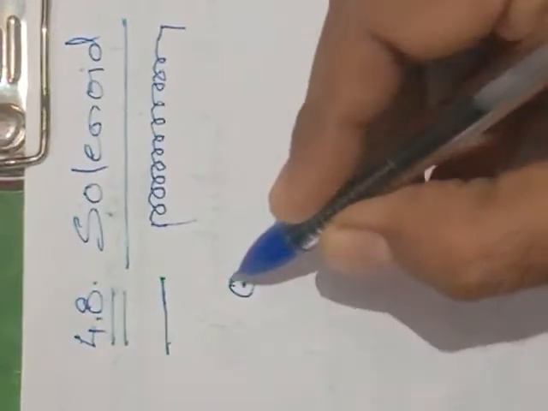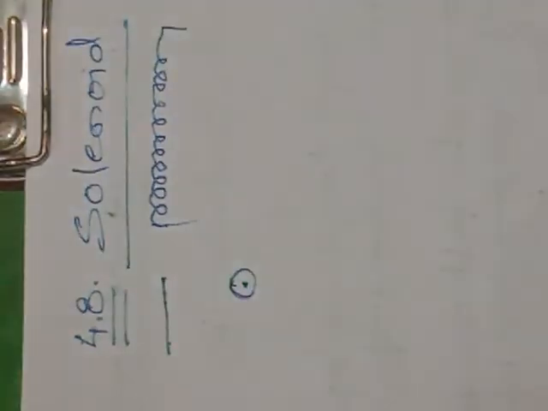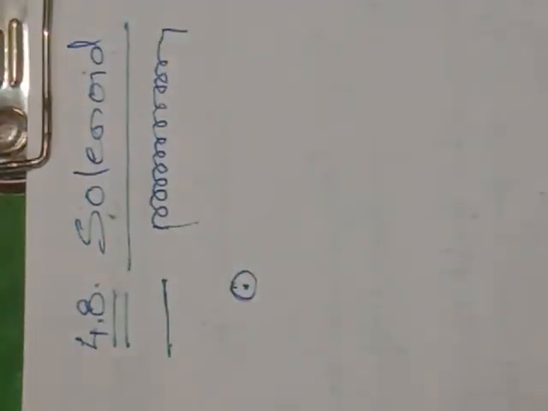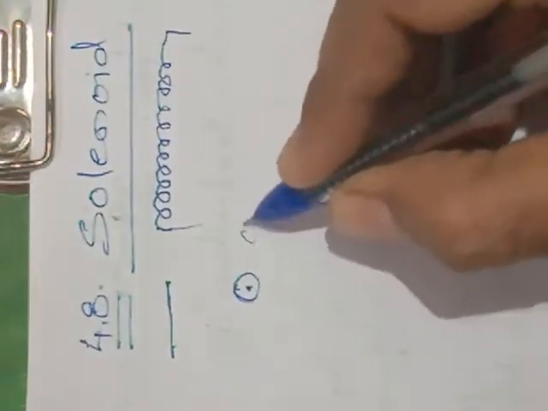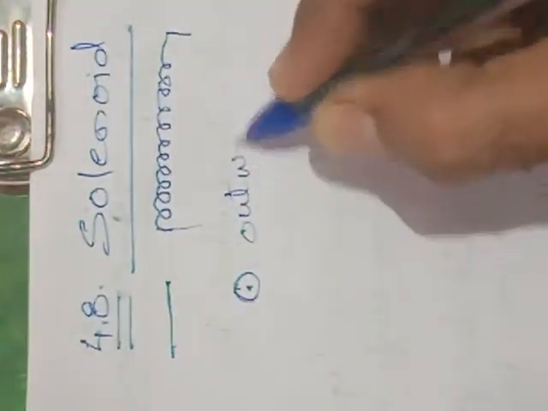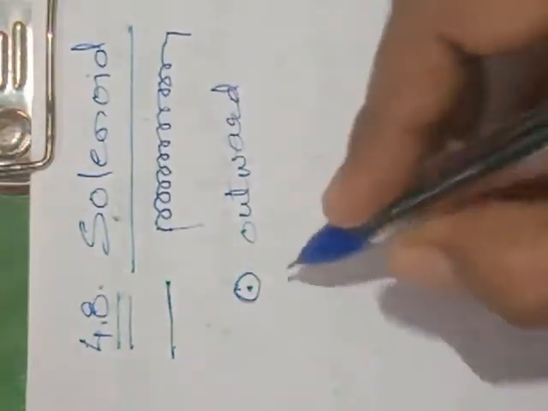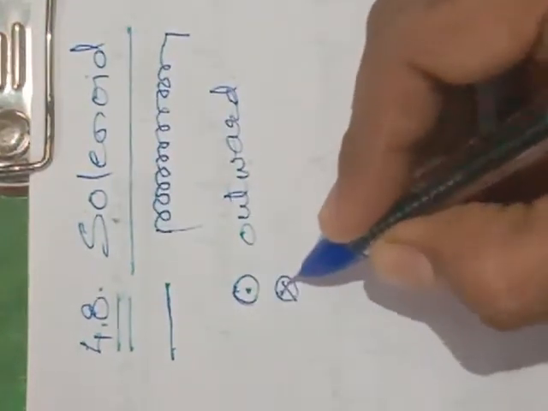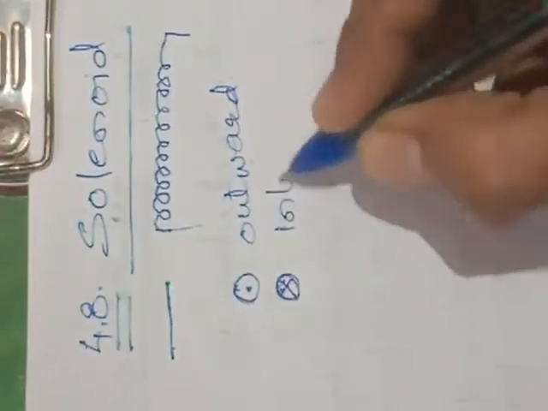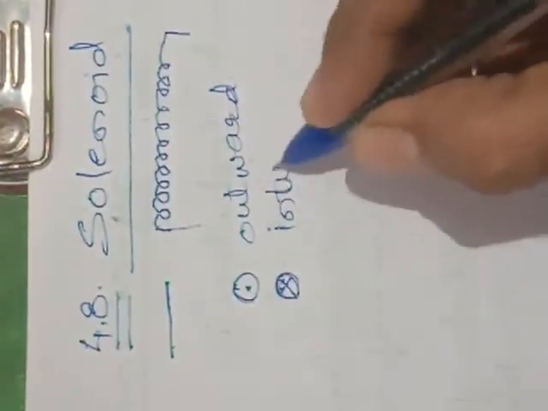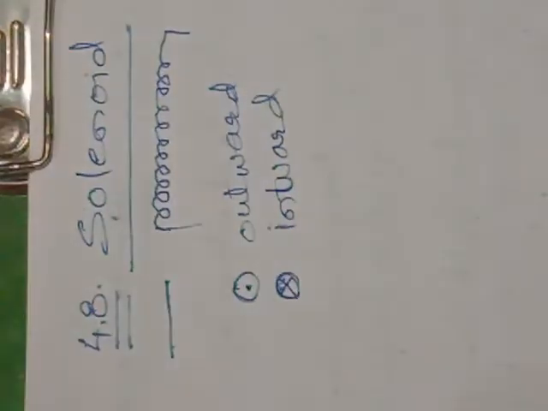If a dot and circle is there, what does it indicate? It indicates that the current is perpendicular to the plane of the paper and directed outward. If it is a cross, then it is inward.